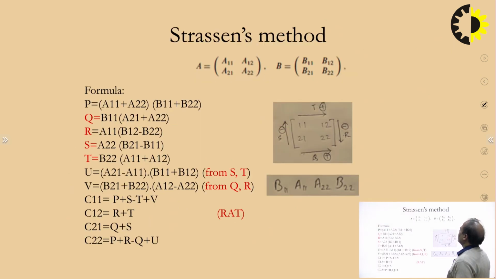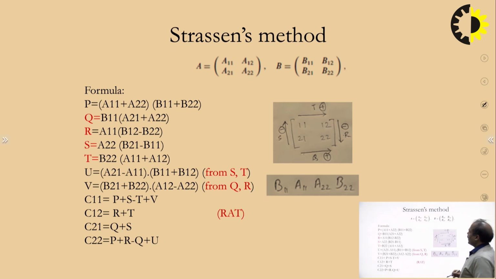So, Strassen suggested a method to reduce the multiplication time. This is a very good method. Suppose we have matrices A11, A12, A21, A22, and the same thing for B11, B12, B21, B22.